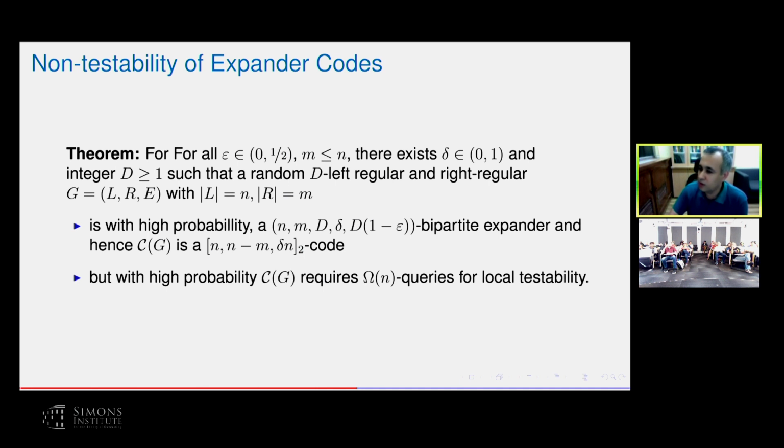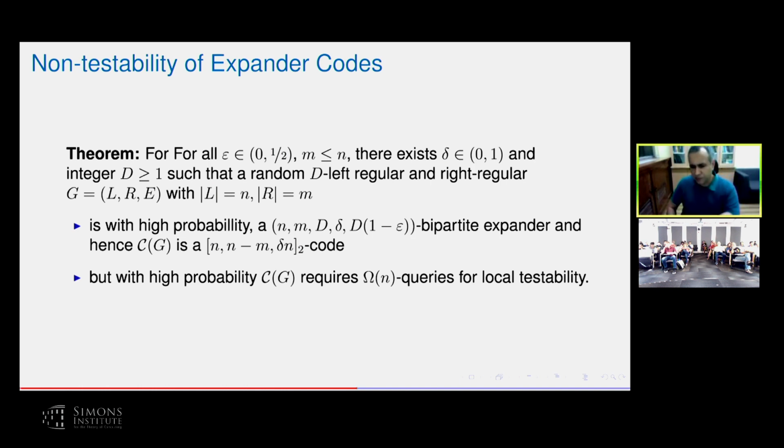It is strongly not testable. Not just constant, but omega n. So just expansion is not going to suffice. In fact, most expander graphs are going to require large query complexity. They fail testability in a very, very strong sense.